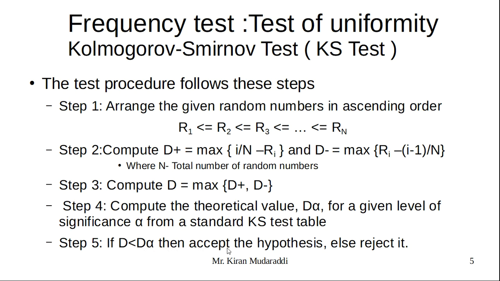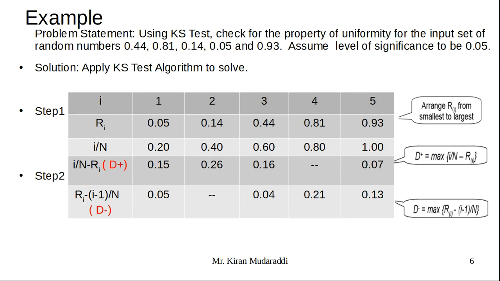To understand this complete procedure, we need to solve one problem. At that time, you will understand how exactly the Kolmogorov-Smirnov test works. Consider the problem statement: using the KS test, check for the property of uniformity for the input set of random numbers.